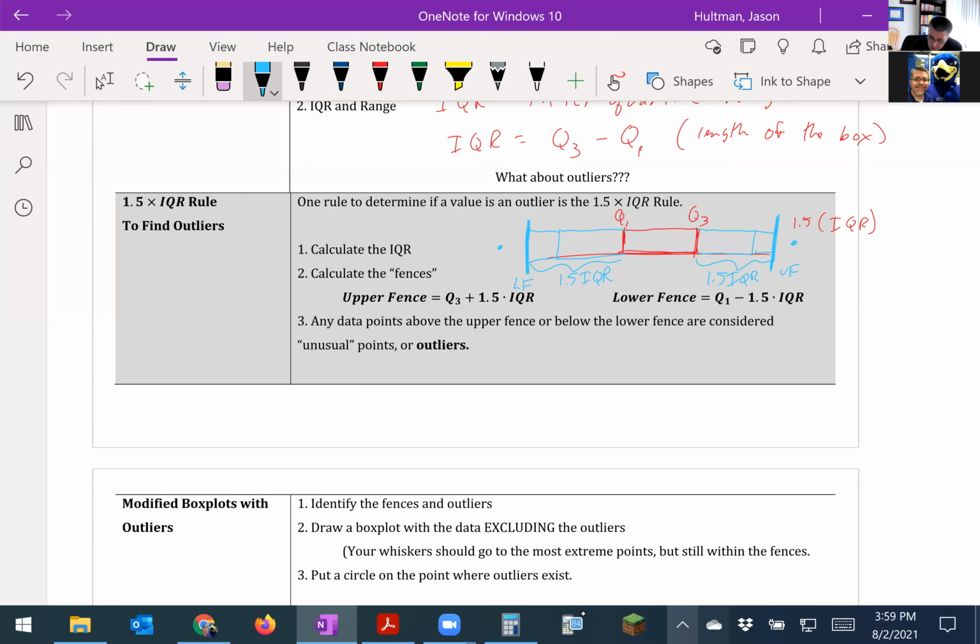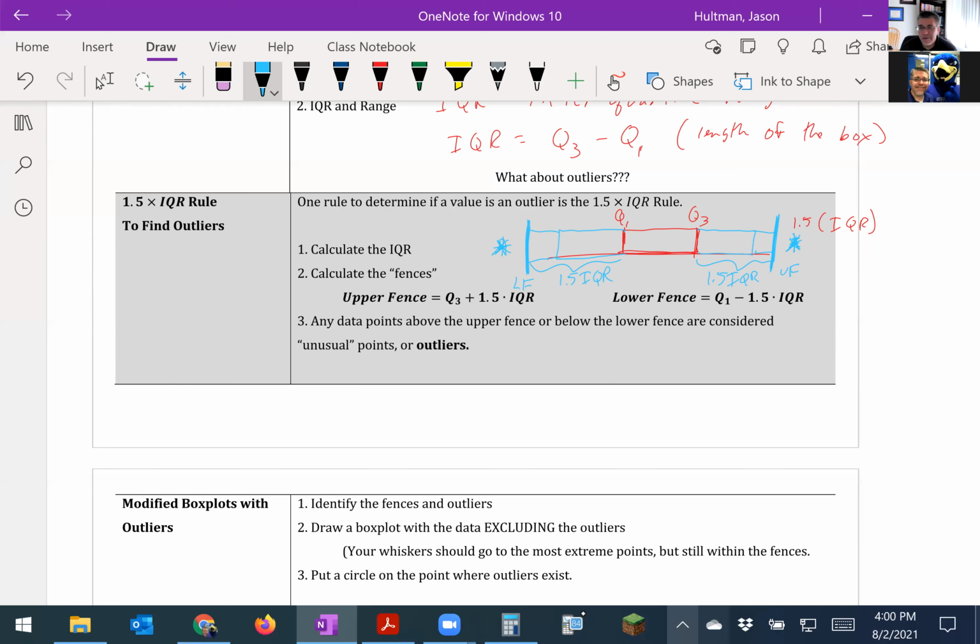These points are considered unusual. They don't behave like the rest of the points, and they're outliers. Usually an outlier will be starred. It won't be a point, it won't be a slash, it'll be a star. You're the odd ones. It's just data that doesn't fit the rest of the data set.